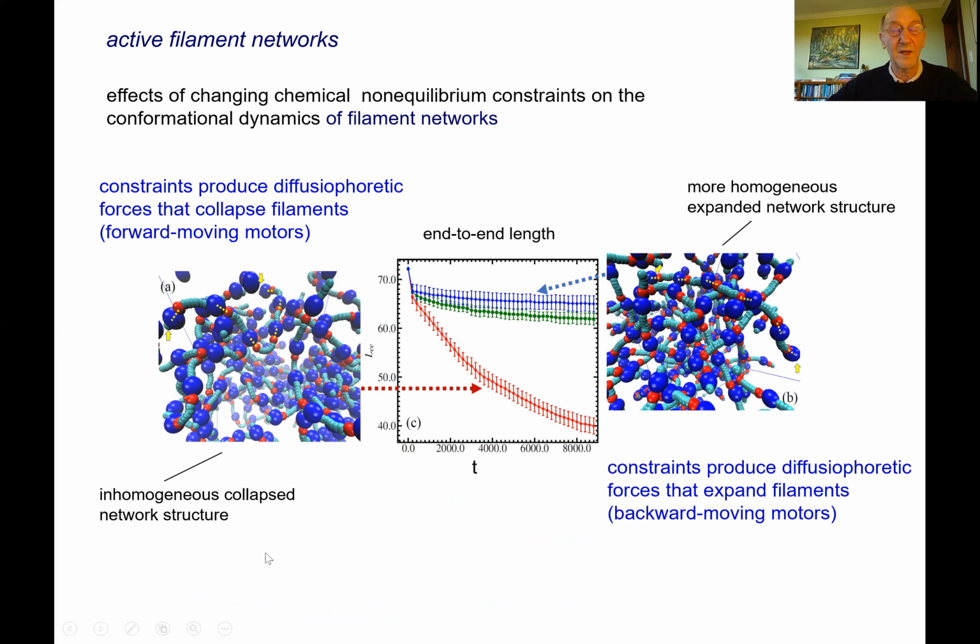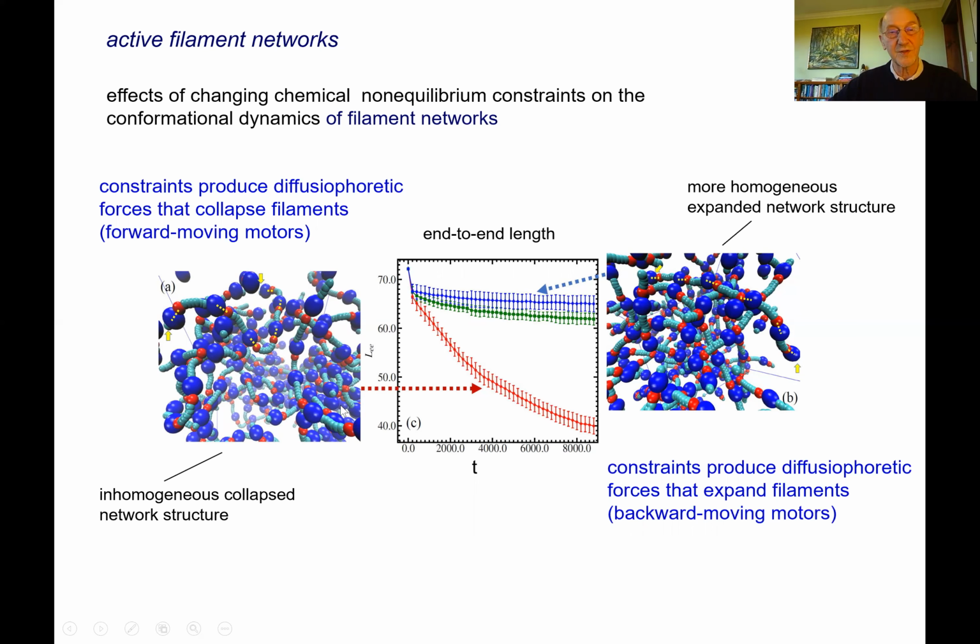So now I have a large collection of active filaments, and if the external constraints are such that I have forward-moving motors, then the filaments tend to form a compact network, and this shows the average end-to-end length of a filament in the network, and you can see the length decreases if I start from the expanded form.